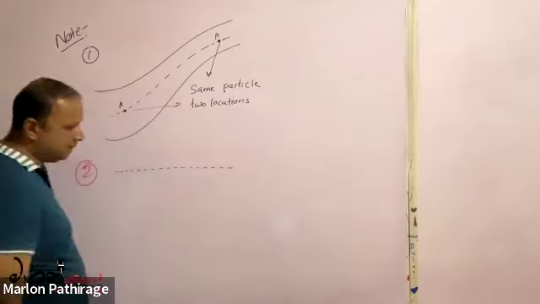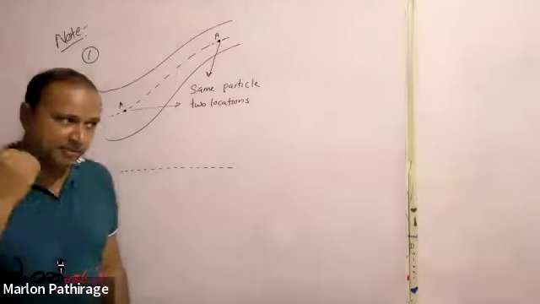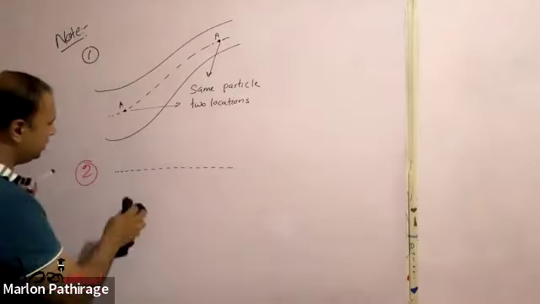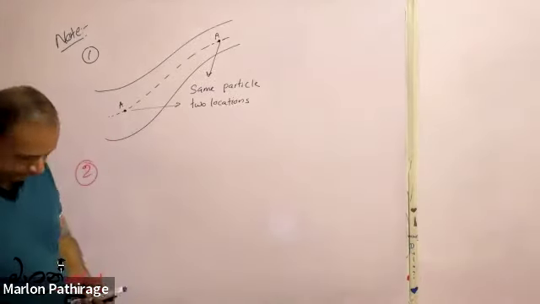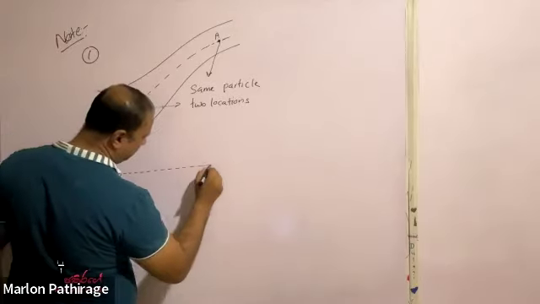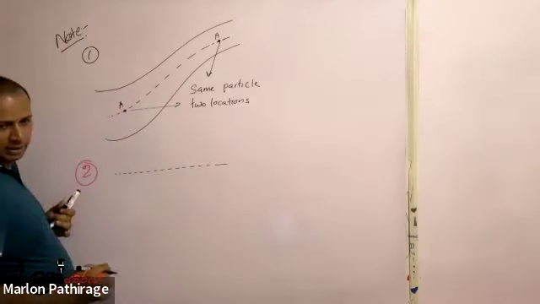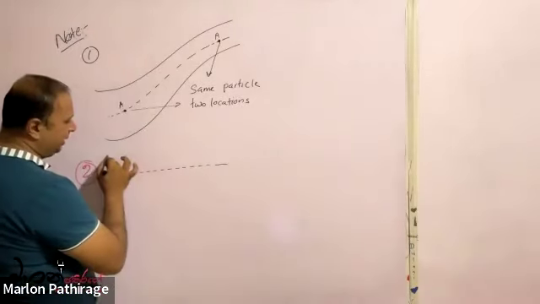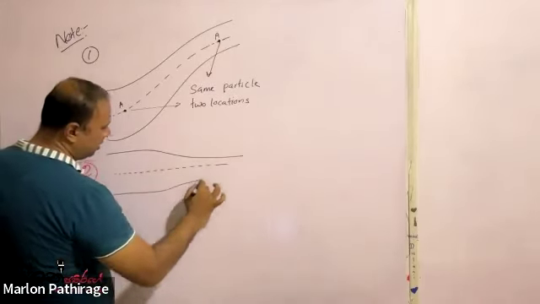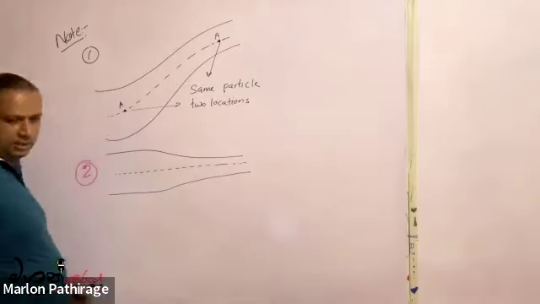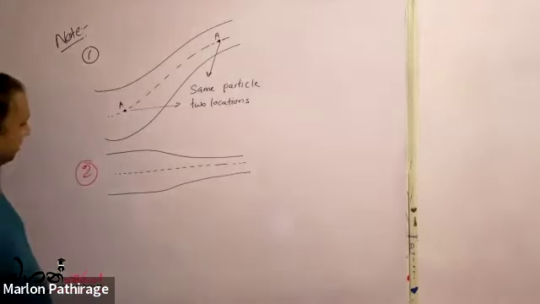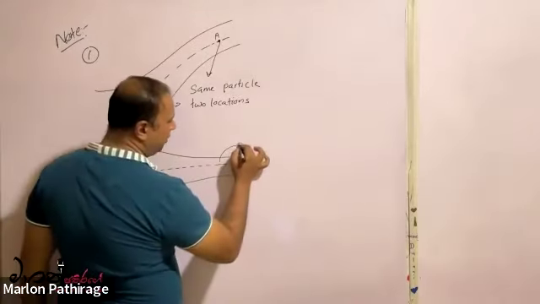If we consider a streamline which is in the horizontal direction, now this is a horizontal streamline. It can be any shape, something like this. This is a horizontal streamline.